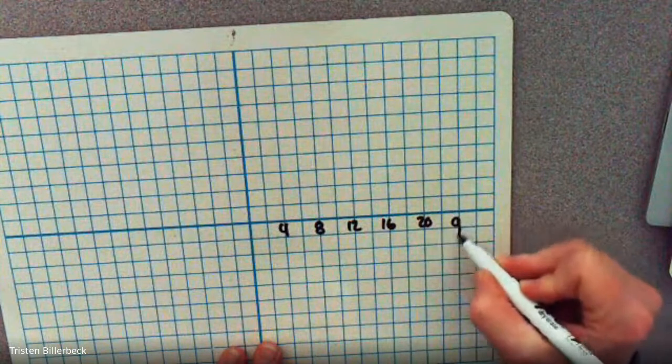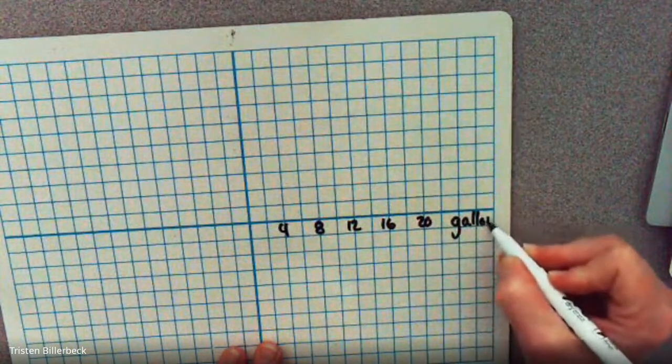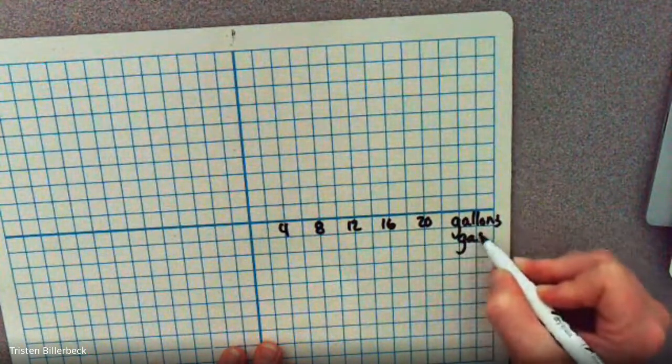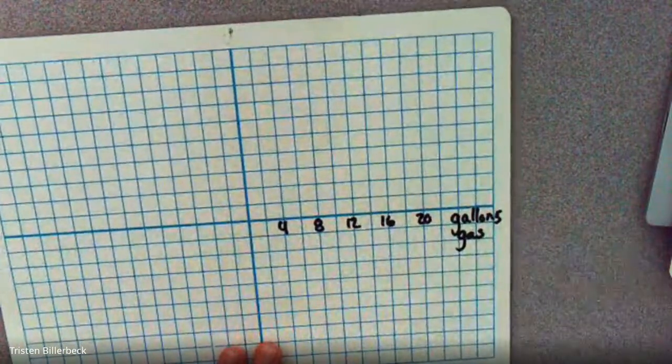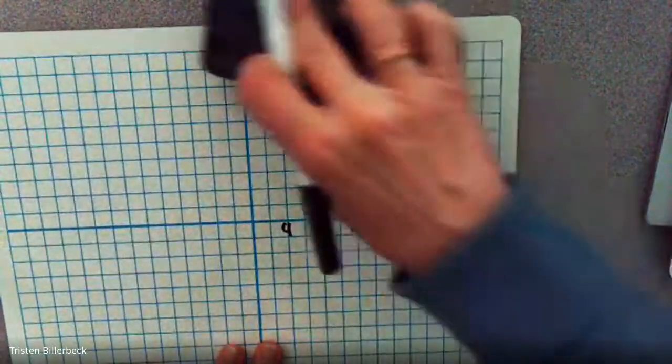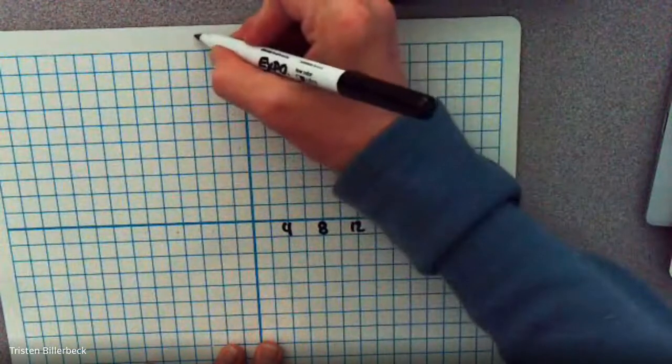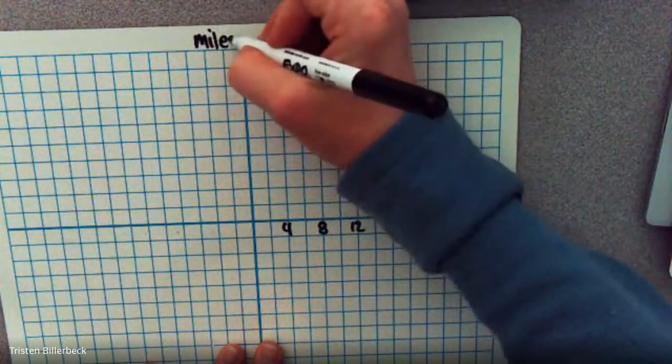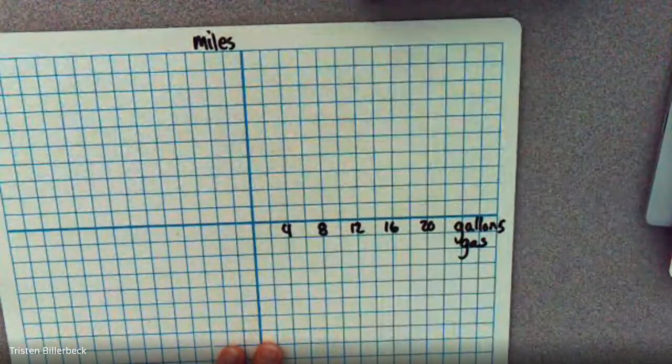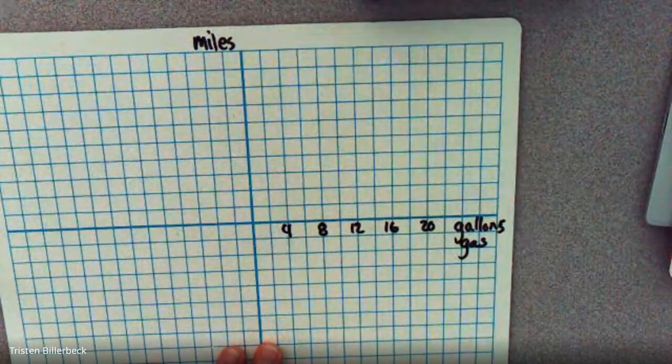So this is going to be gallons of gas. This other one is going to be miles. So that's our output when we're able to actually have the input.